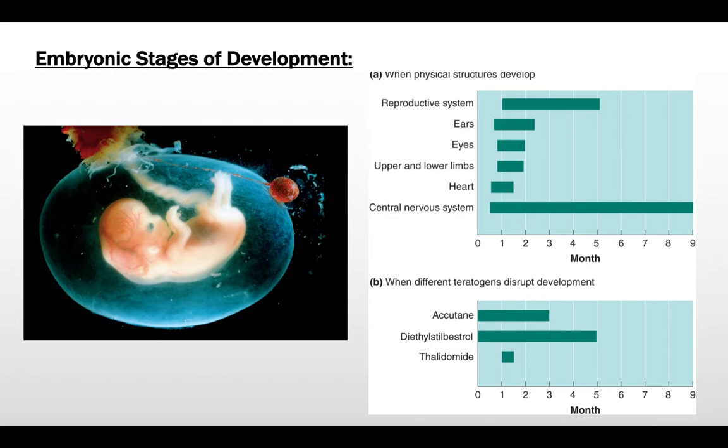The last thing I want to mention is the concept of birth defects. So the embryonic stage is far more crucial to the development of a baby than the fetal stage, because during these first 2 months, we have all of our heart development, our limb development, our sense development.